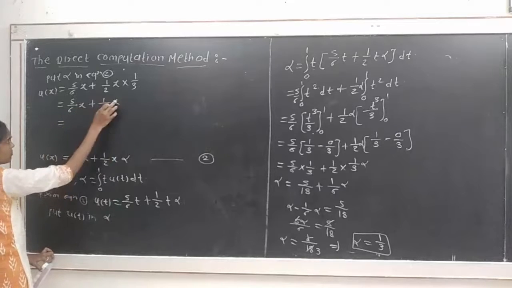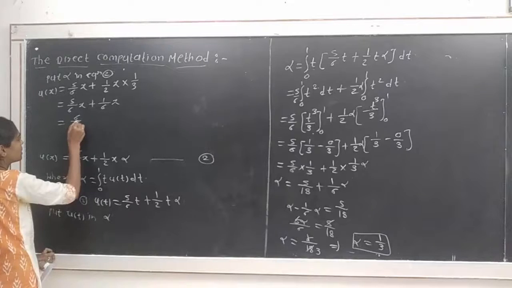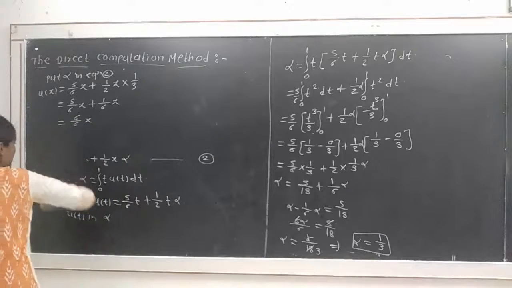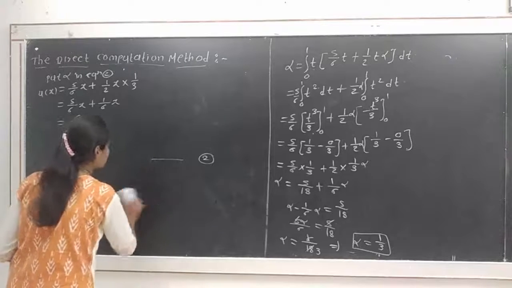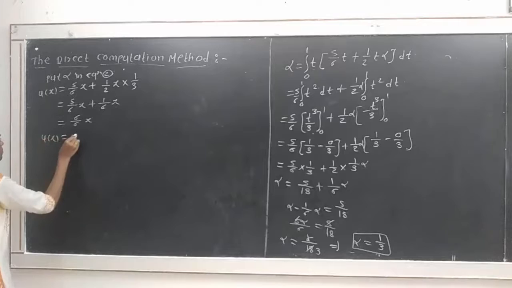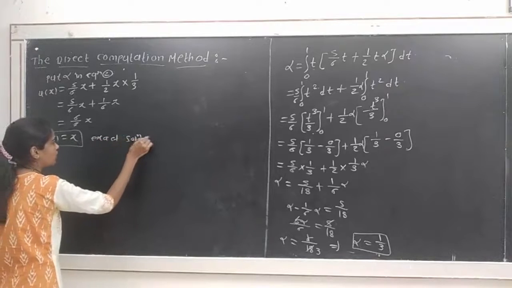So we get this will be 5 plus 1, that is 6 divided by 6. 5 by 6 x plus 1 by 6 x will be 6 by 6 x, that is equal to x. So we get u of x is equal to x, which is the exact solution of equation 1.